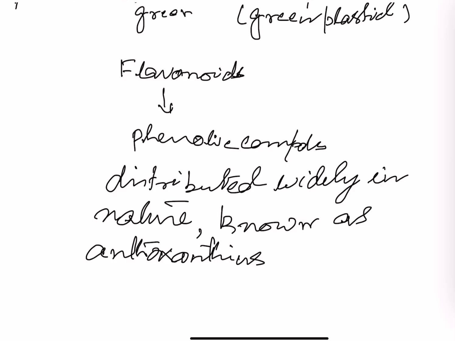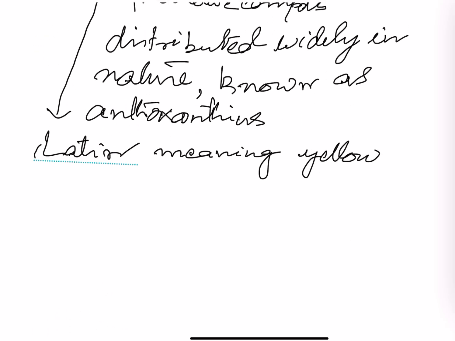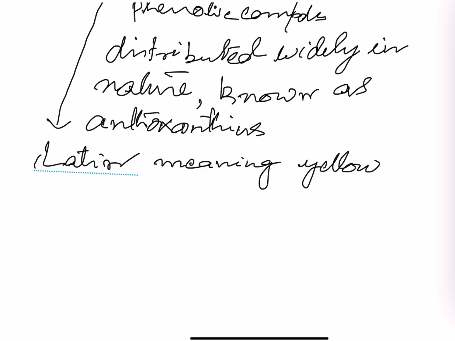And the word flavonoid is derived from Latin, meaning yellow. Now the flavonoids occur as glycosides.